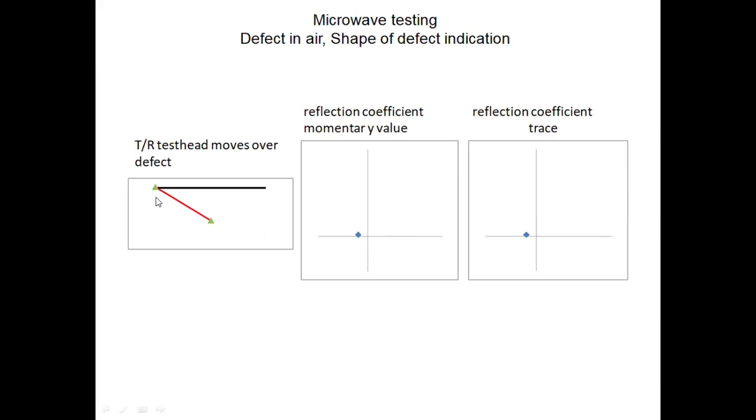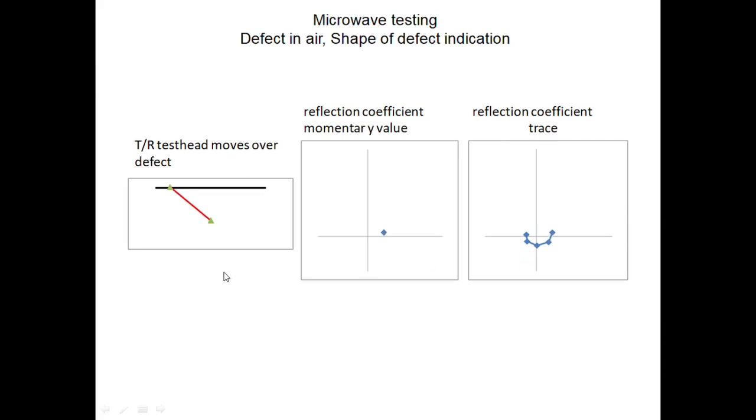Now we start moving this test head. This is the first value, and now further values follow, where we see here the difference. This one gives the momentary value, and this one gives the trace. That means also the stored values from before.